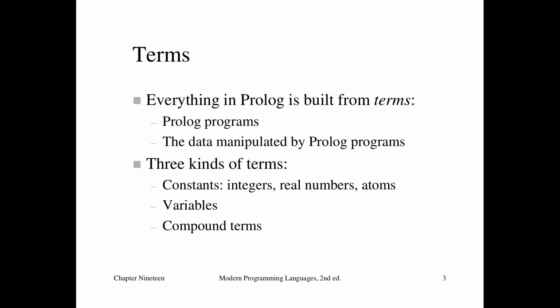There are three basic forms of terms: constants, which are like literal values for integers, real numbers, or this thing that we call atoms, and we'll talk about that shortly. We also have variables, and then we have compound terms, which are kind of a combination of these things.